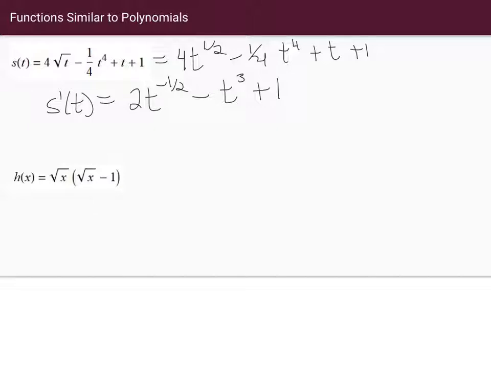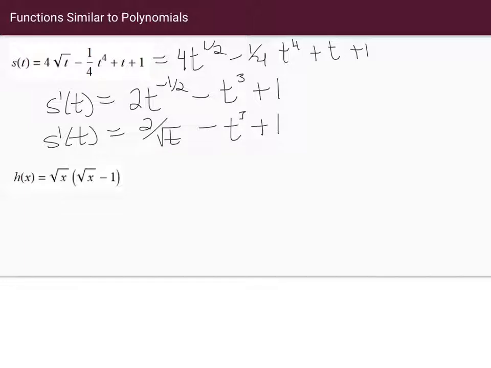And since I have that negative 1/2 power in there, I'm going to clean up just a little and write this in simplified form. s prime of t equals 2 over the square root of t minus t cubed plus 1. It's also perfectly appropriate to write 2 over t to the 1/2 power.